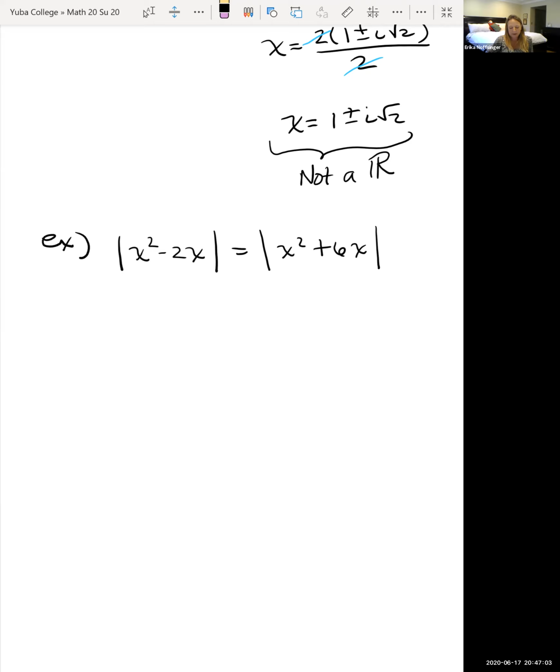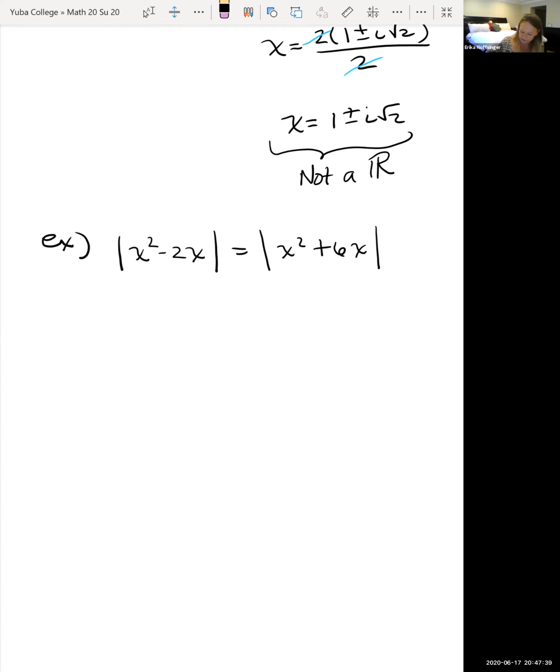Okay, so we have multiple absolute values. Well, basically, if what's inside the absolute value, this x squared minus 2x, gives me the same number that x squared plus 6x would have given me when I plugged it in, then that would have to be a solution, because that same number in the absolute value equals the same number in the absolute value.